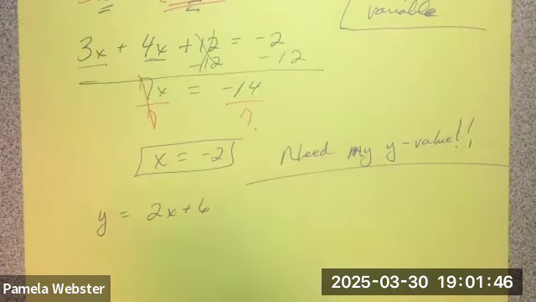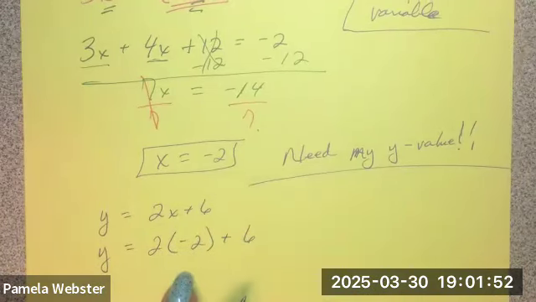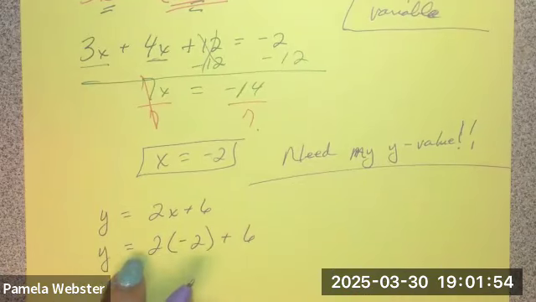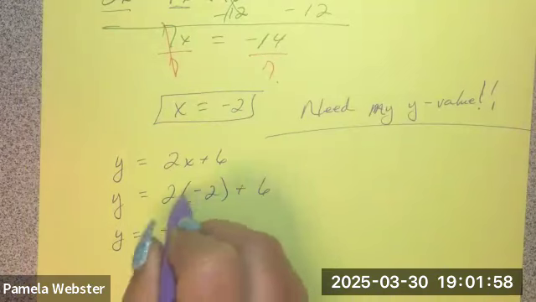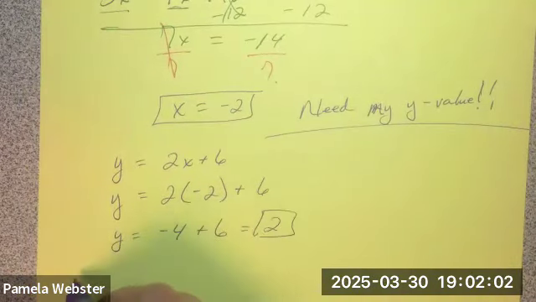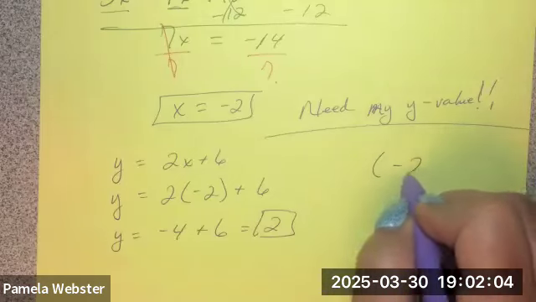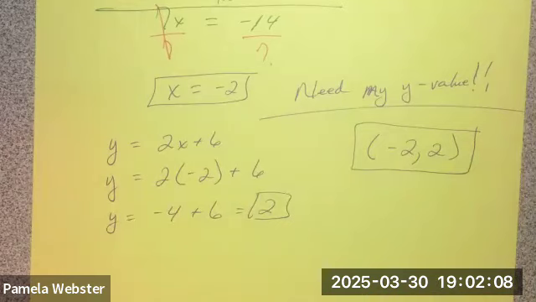As long as I didn't make any mistakes as I was doing my work, I should be okay. So I'm going to plug in a -2. y equals 2 times -2, which is -4, plus 6. That's 2. y equals 2. So I think my point is (-2, 2).